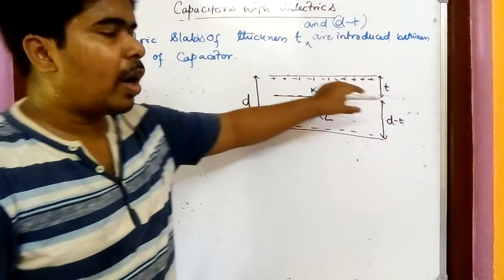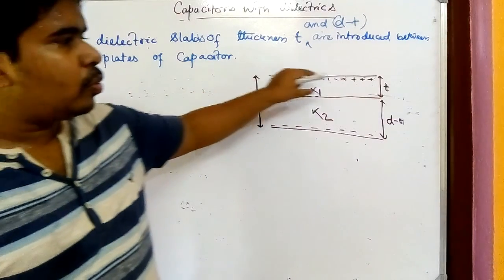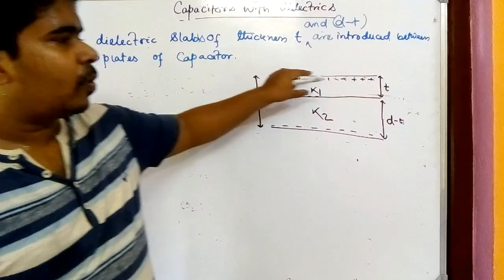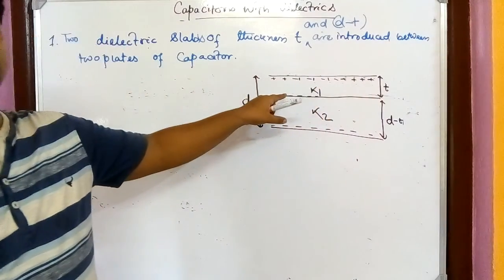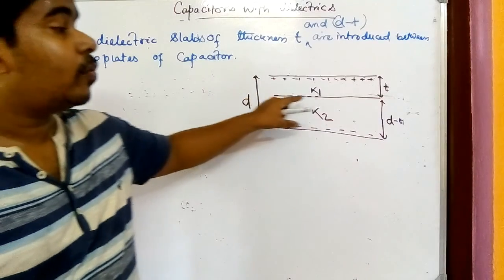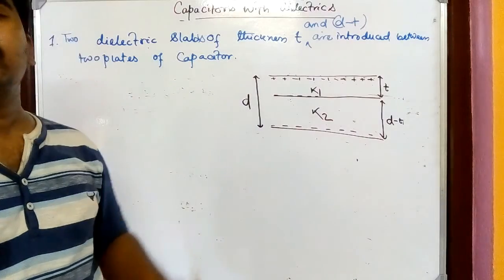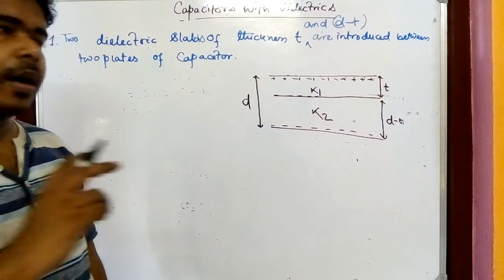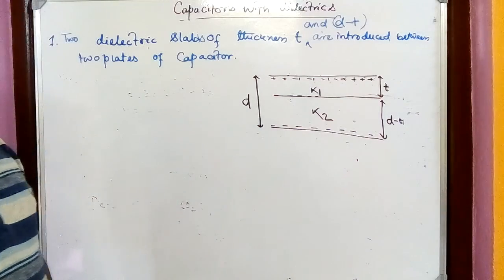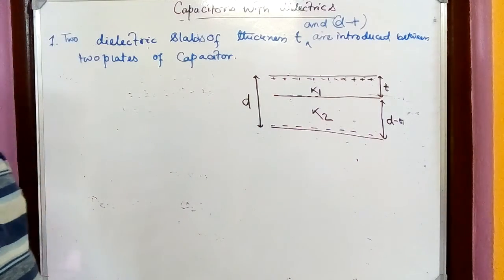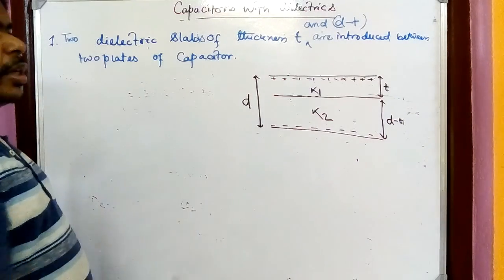Here I have introduced two dielectric slabs, one of thickness T with dielectric constant K1, and another one of thickness D minus T with dielectric constant K2. Now the question is, what will be the capacitance? Now it is clear, so I am not writing much here, otherwise it will take much time.